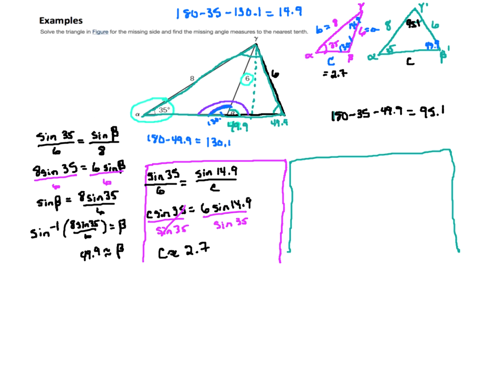Okay, so I have the sine of 35 over 6 has to equal the sine of 95.1 over C. Cross multiply: C times the sine of 35 is equal to 6 times the sine of 95.1.